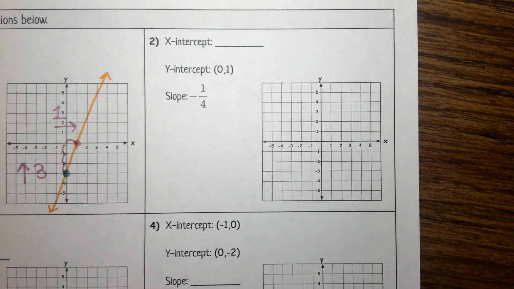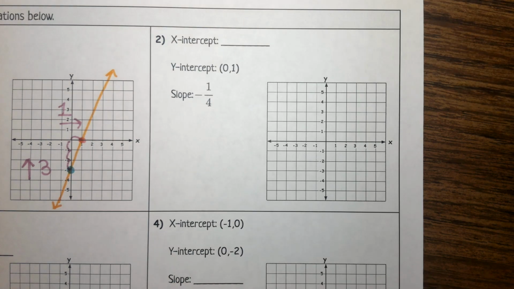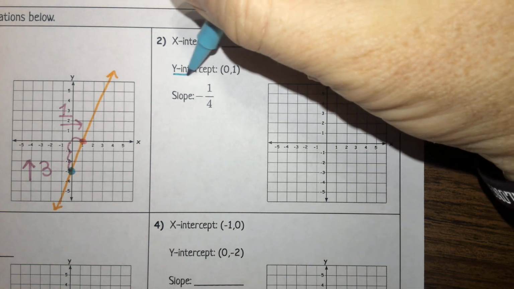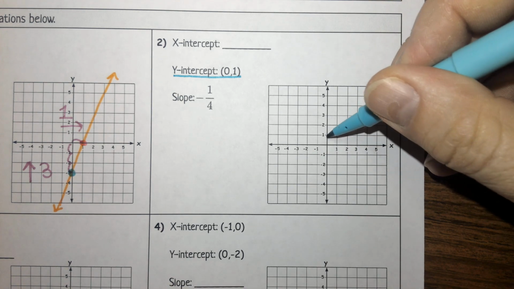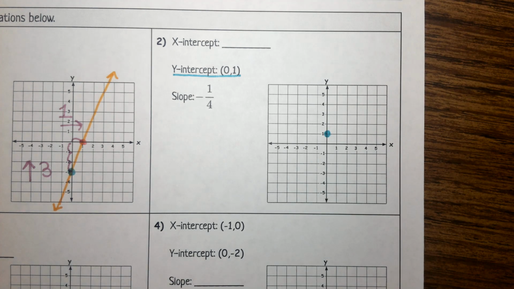This one, we're missing the x-intercept. We have the y-intercept, and we have the slope. Okay. So let's start with the y-intercept. So y-intercept on the y-axis, we go to 1, put a point. And now we need to use the slope to find the next point.